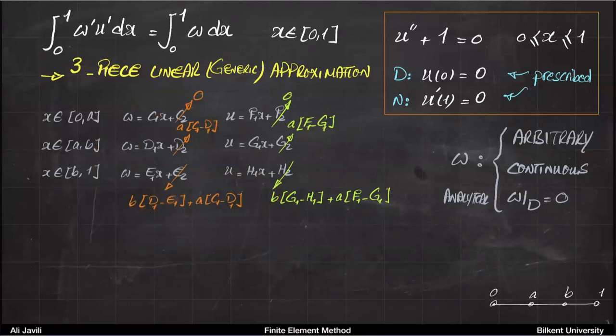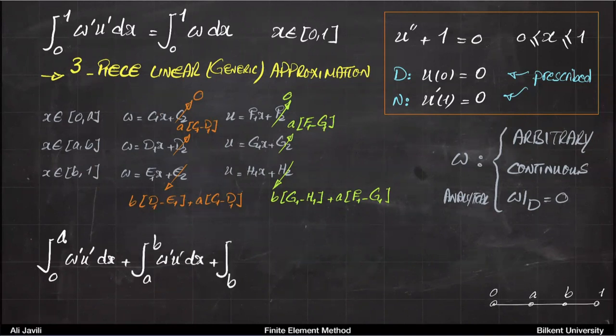So that integral up there, we are going to split it into the first region from 0 to a, that would be w u prime dx, plus from a to b w u prime dx, plus b to 1 w u prime dx.